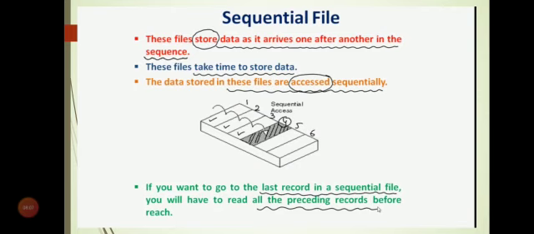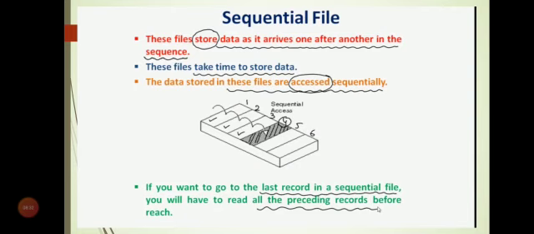Sequential file. Sequential access is that in which the records are accessed in some sequence. For example, the information in the file is processed in order, one record after the other. This access method is the most primitive one. For example, compilers usually access files in this way.